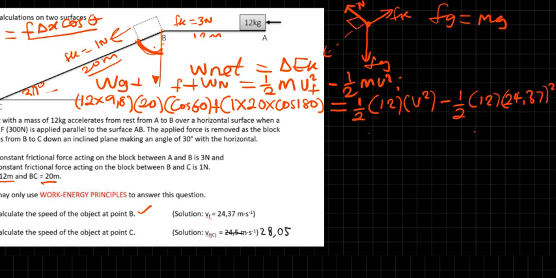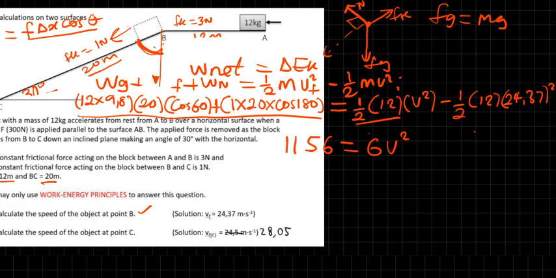So if we put this from here up until this point inside our calculator, our answer is therefore going to be 1156 equal to, now half of 12 is 6, so 6 V squared. And then at this point, the whole of this will give us 35.